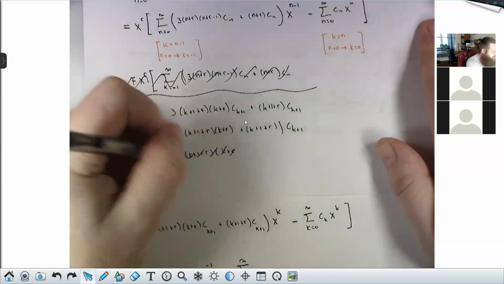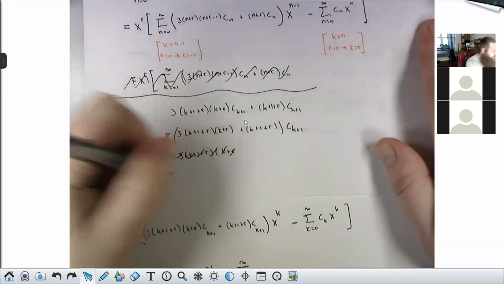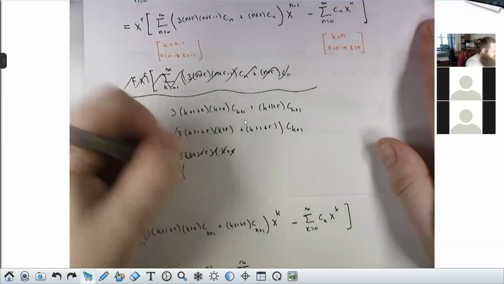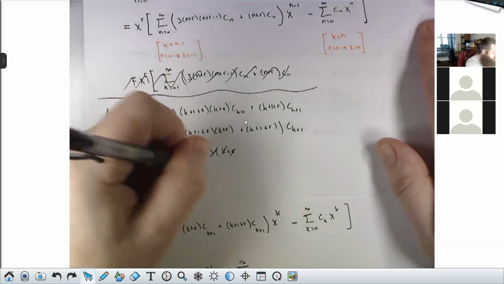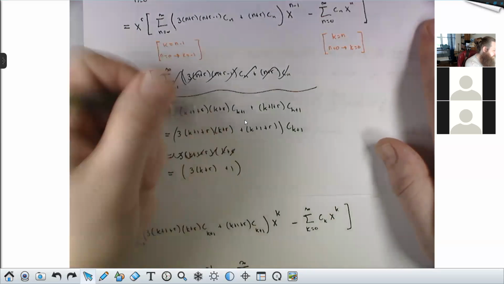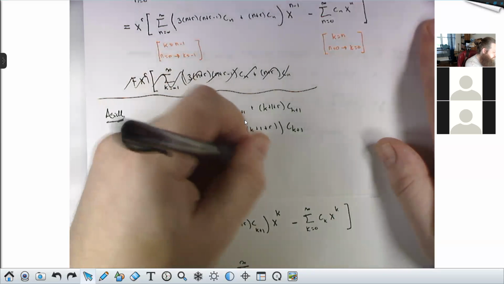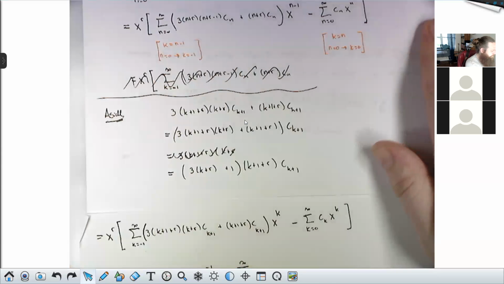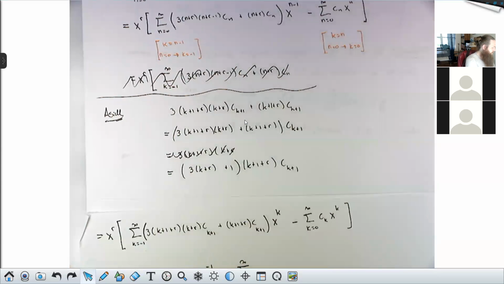let me do this a little more carefully. I'll use some brackets. So I'm going to bring k plus 1 plus r out, and I'll bring it out on the right. So I'll have 3 times k plus r plus 1 times k plus 1 plus r times ck plus 1. You guys see it?